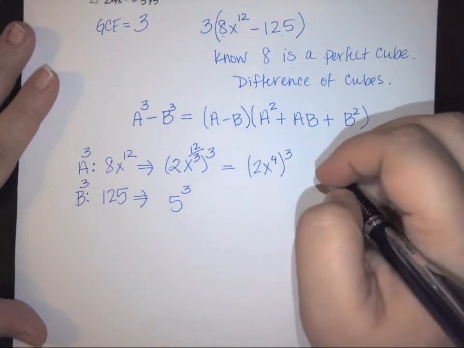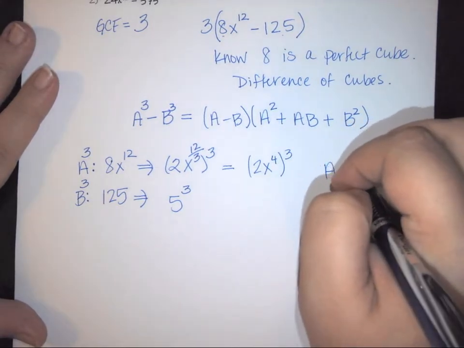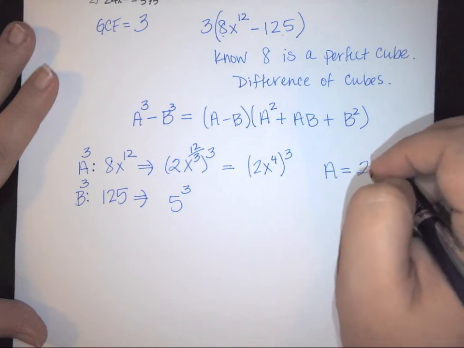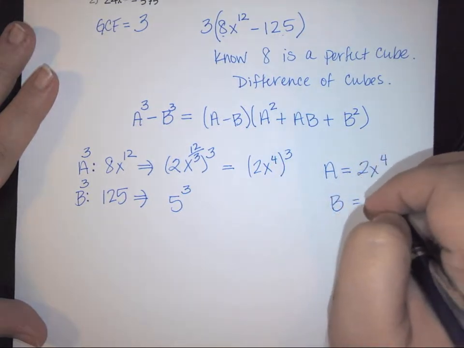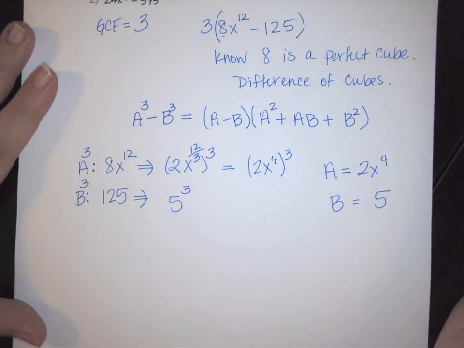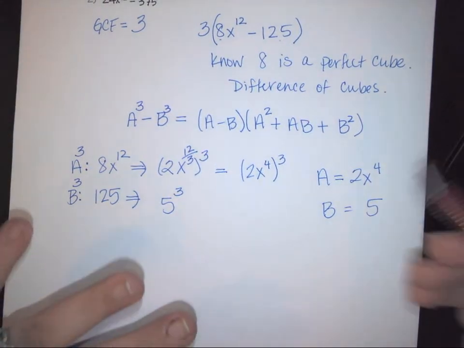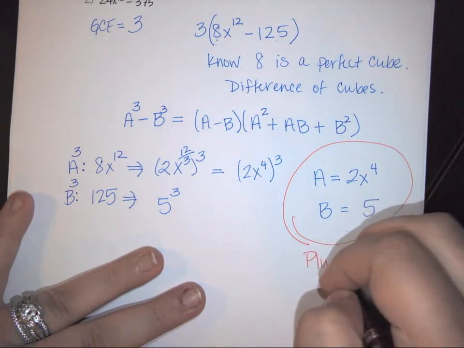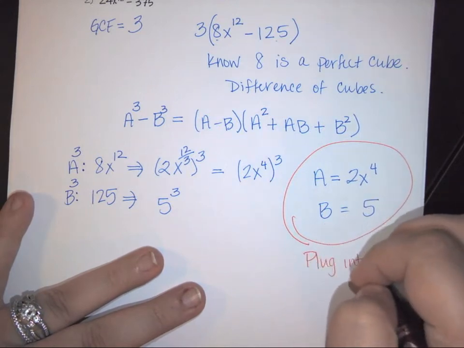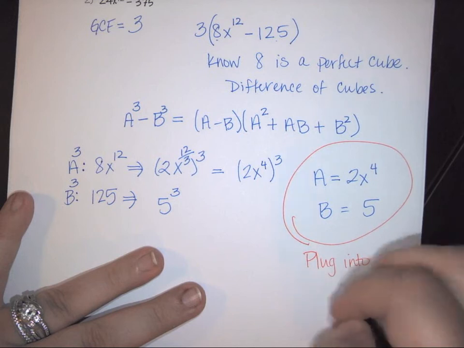What this means is that my a is actually 2x to the 4th and my b is going to be 5. Now I'm going to use this information right here, and I'm simply going to plug into the formula.